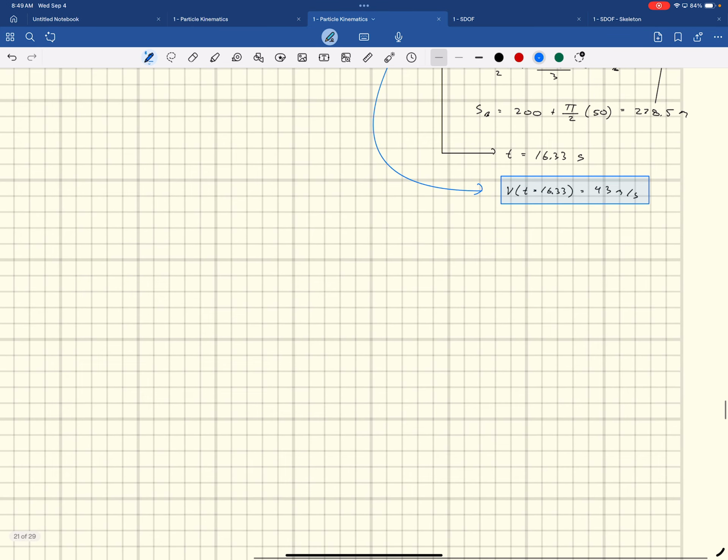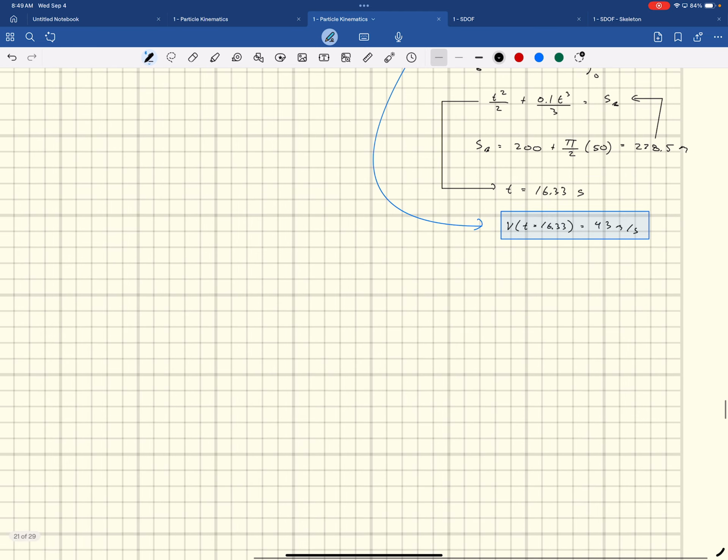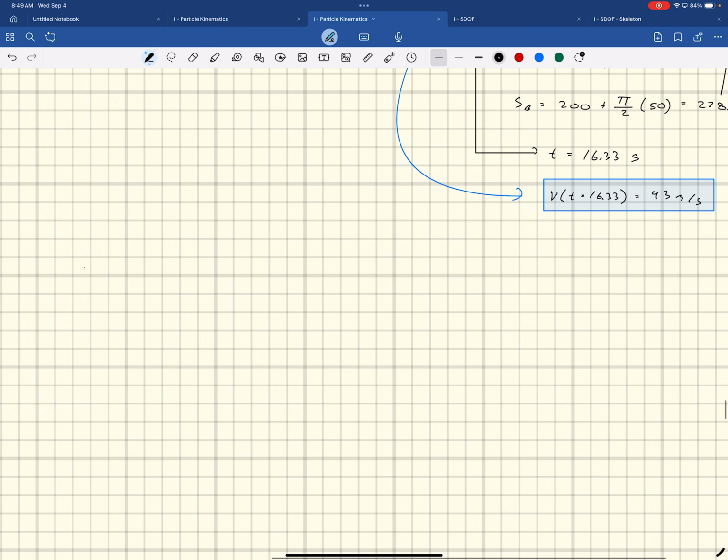So then acceleration. We almost have it. So acceleration, I know what velocity is at that point over there, but I need to know what the acceleration is at that point over there too. That's just going to be AT of t equals 16.33. What's given to us was acceleration as a function of time. So I just go back to that original equation, put in 16.33 for time, and I get 4.27 meters per second squared. That's my AT.